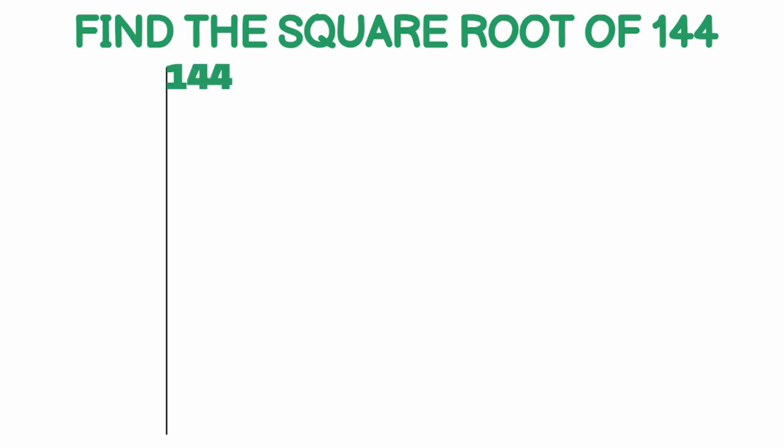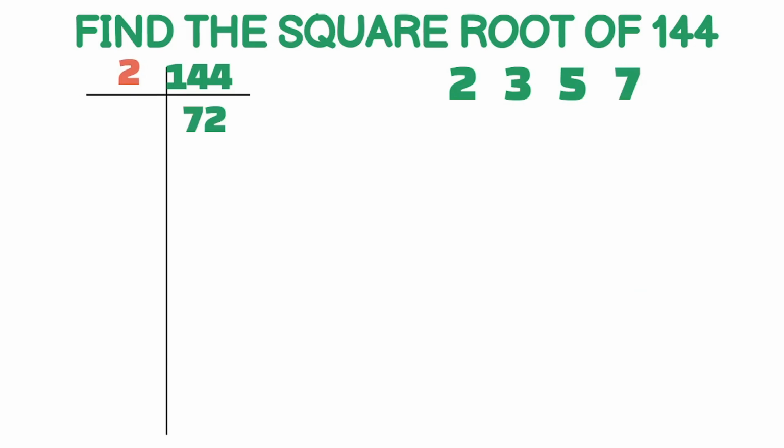Again, I will list the prime numbers usually used in this pattern of division, which are 2, 3, 5, and 7. So we'll start with our 2 because 144 is divisible by 2. 2 we divide, we'll have 72. 2 can still divide again, and we'll have 36.